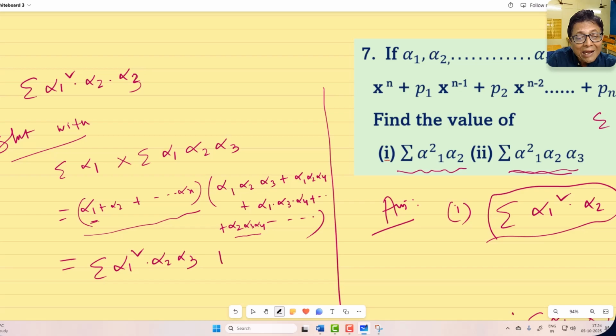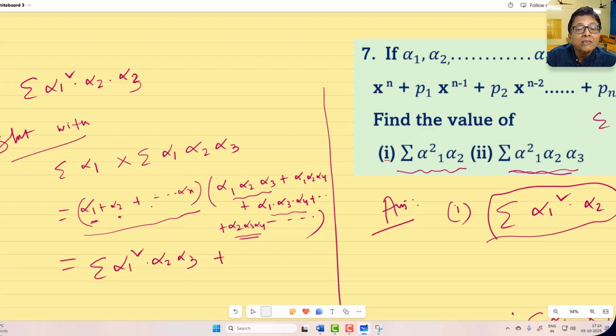This manner it will be sigma alpha 1 square. And the question is, how many terms of the product of terms taken 4 at a time, and the sum to be considered. Alpha 1 with this will give you 1. Alpha 2 with this will give you another alpha 1, alpha 2, alpha 3, alpha 4. And alpha 4 with this will give you alpha 1, alpha 2, alpha 3, alpha 4.